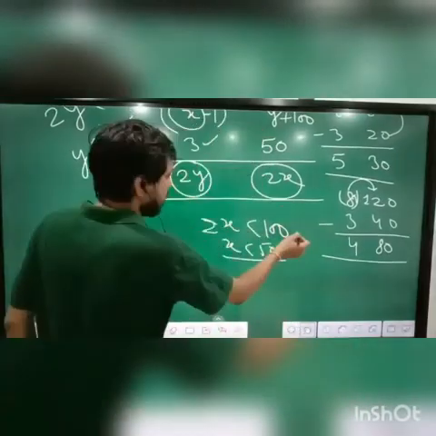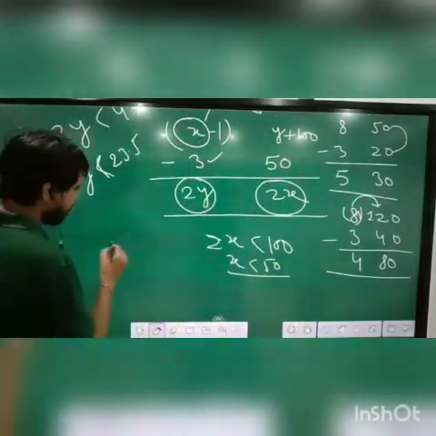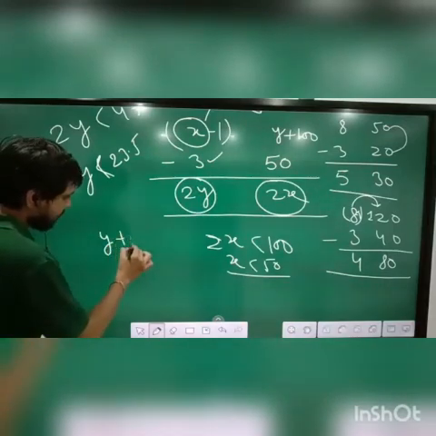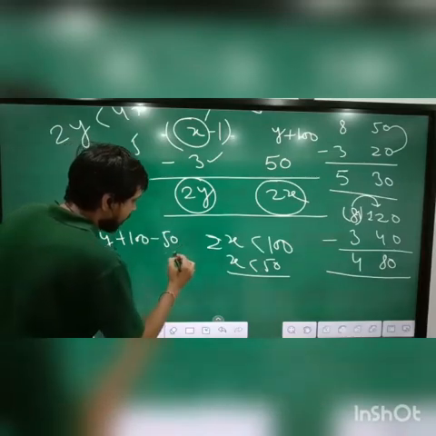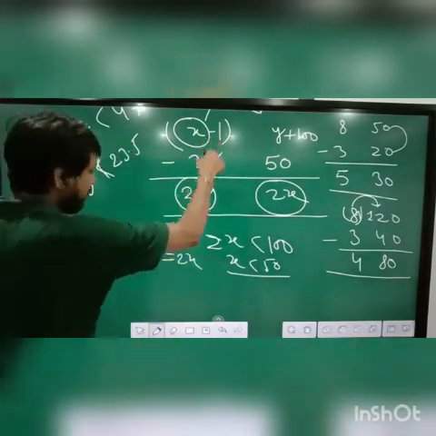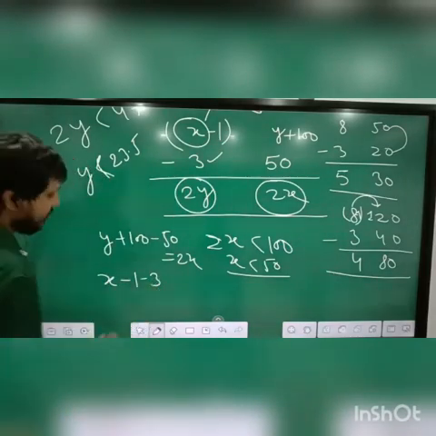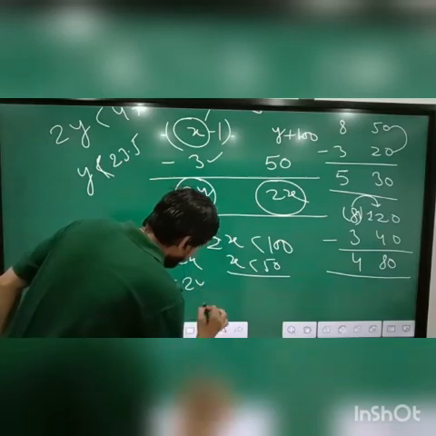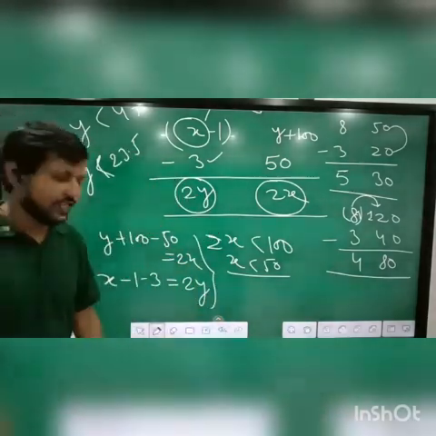The first equation would become Y plus 100 minus 50 is equal to 2X. The second equation will become X minus 1 minus 3 is equal to 2Y. Now we have two unknowns and two equations, which can be solved very easily.